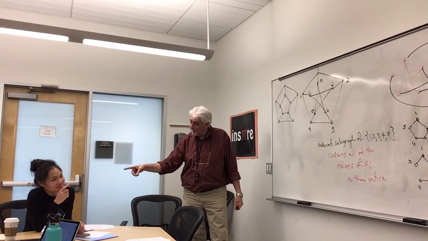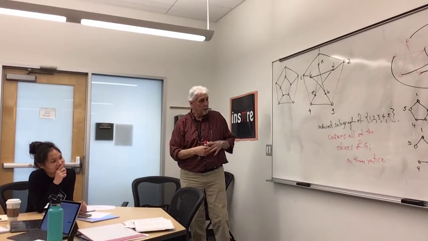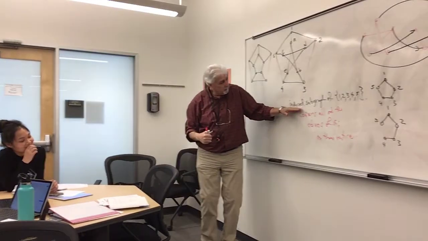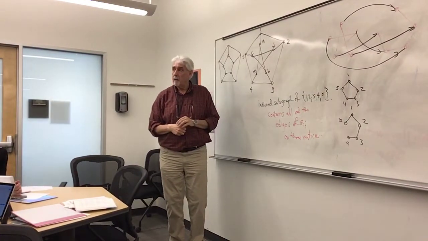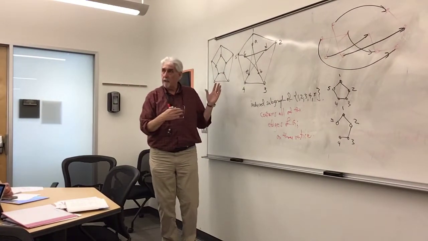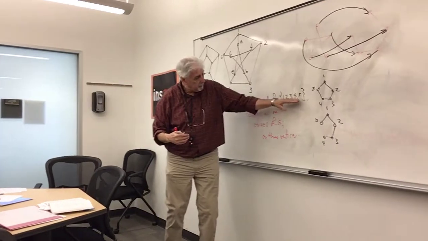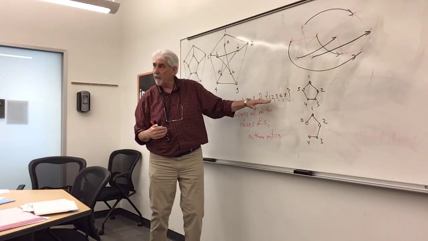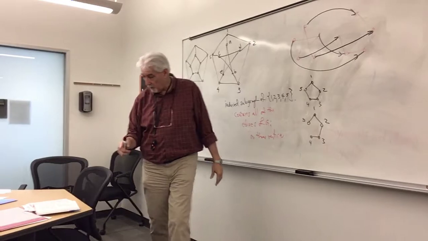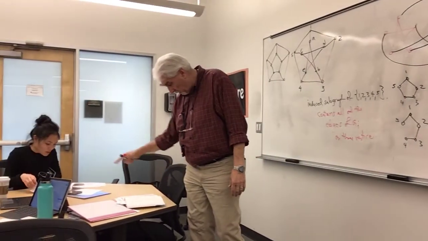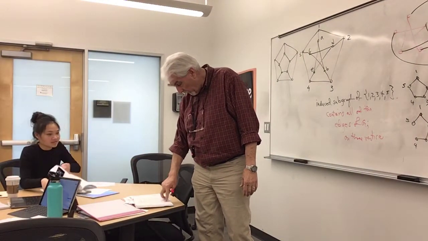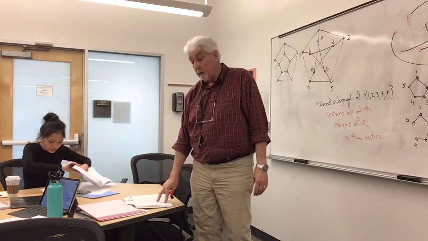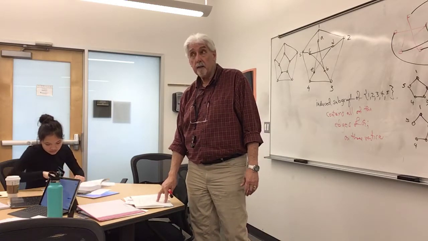The most important part is that to be an induced subgraph of the original graph, it must contain all the edges among the vertices in your subgraph. For example, H2 is a subgraph.